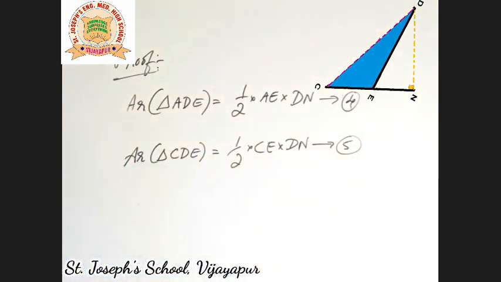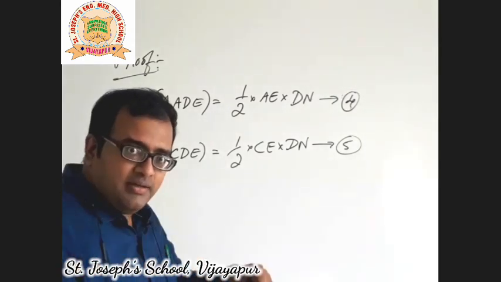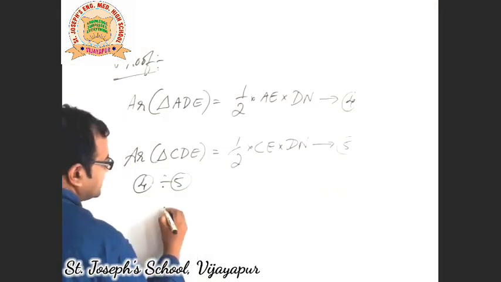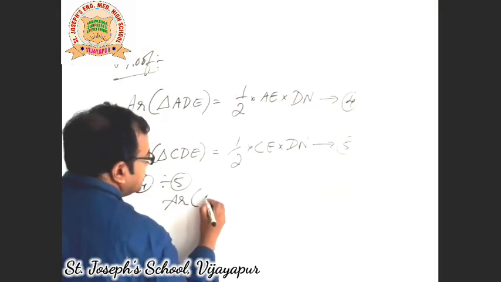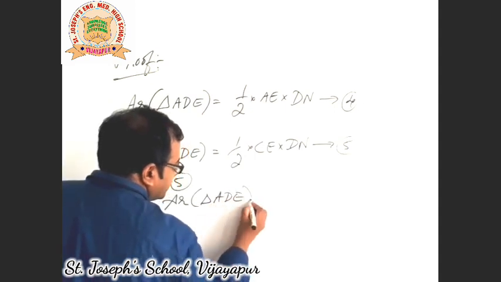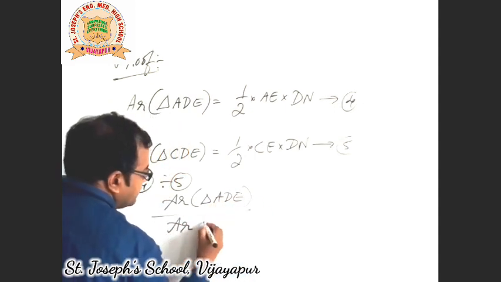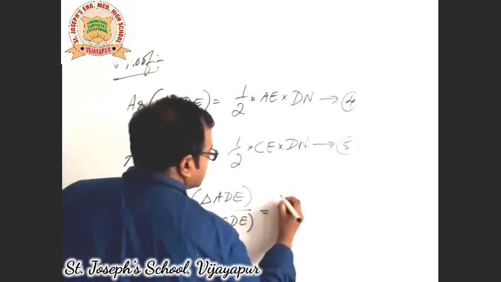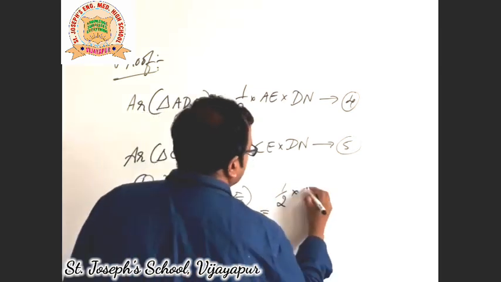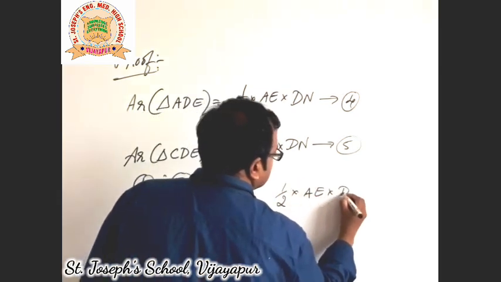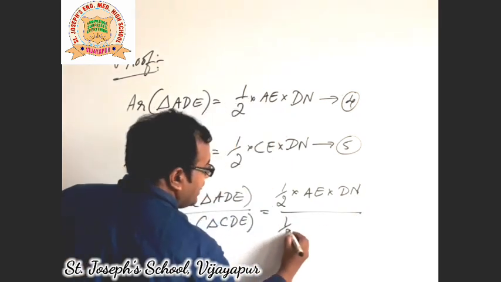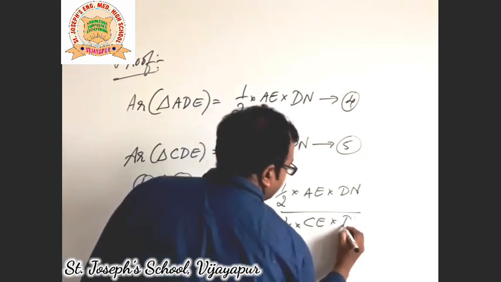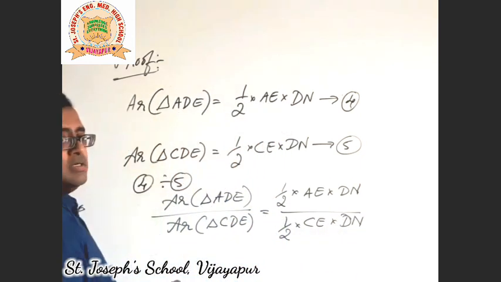I'll call this equation 5. Similar to what we did for equation 3, here again same. Divide equation 4 by 5. What do you get? Area of triangle ADE divided by area of triangle CDE is equal to half into AE into DN divided by half into CE into DN.